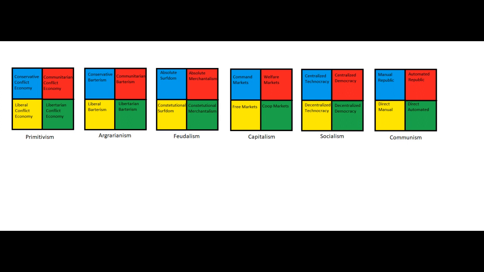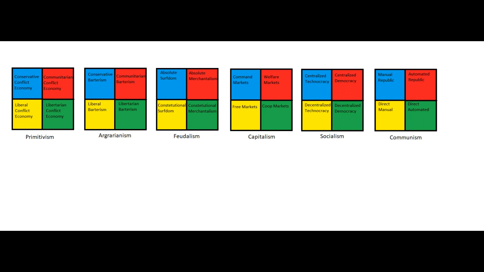We then move on to capitalism. So let's take a look at command markets. Command markets and free markets are on the left. Basically, those are capitalist societies that do not have much regulation in terms of how businesses are allowed to treat workers. Businesses are pretty much allowed to treat workers any way they want to, and there is no form of safety net.